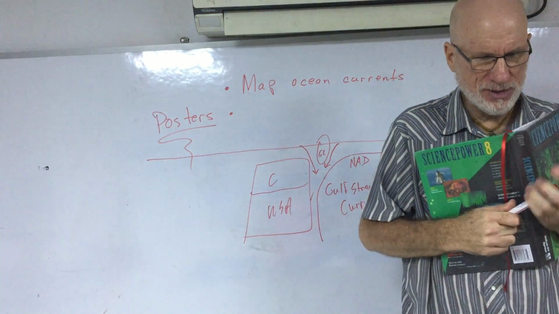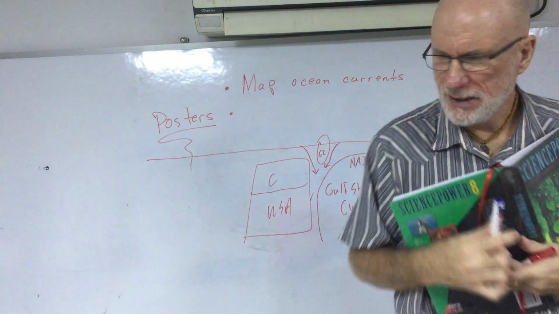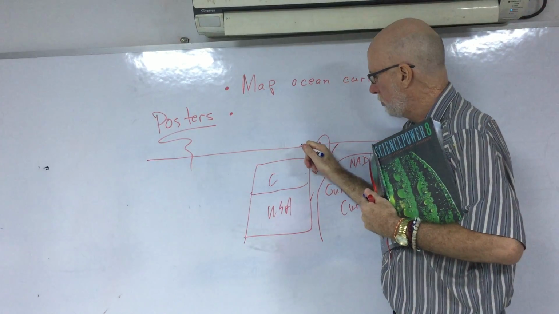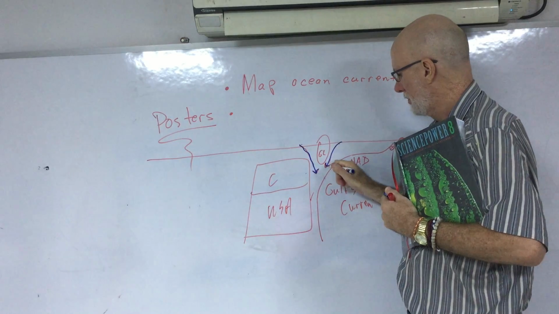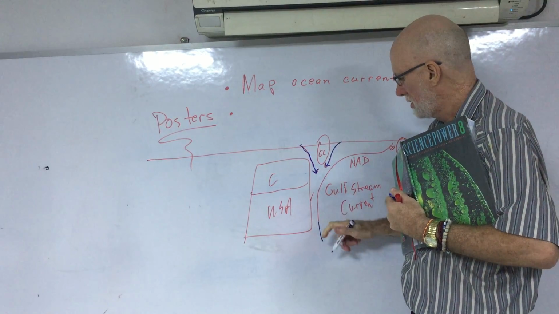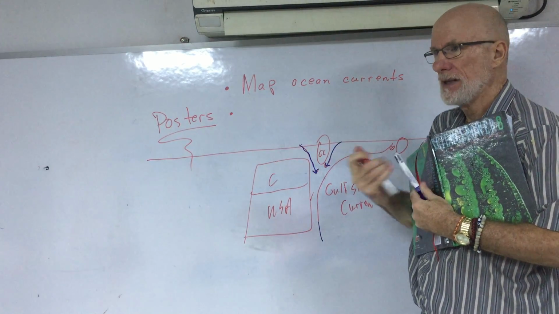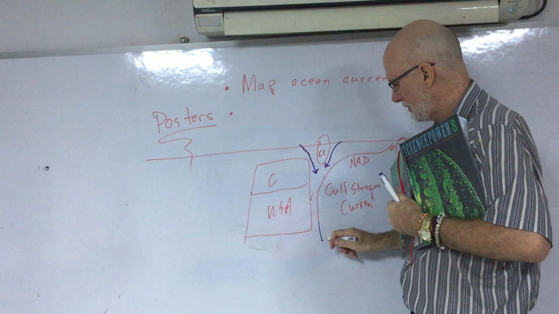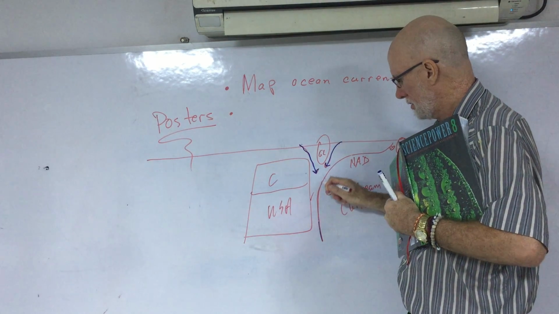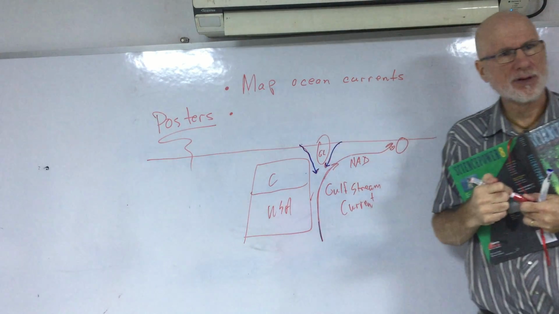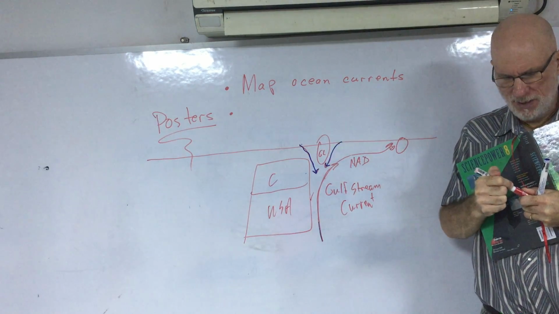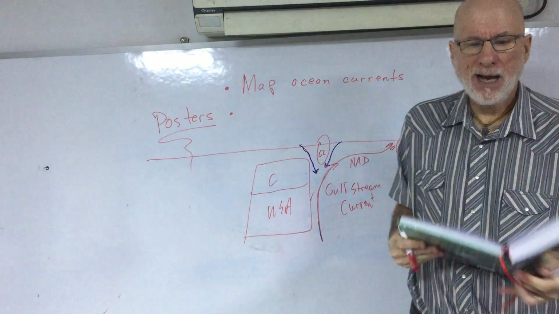Let's make a distinction and call these blue. These are blue, cold. And these are red. And then the North Atlantic Drift. Okay? And Iceland is in there.